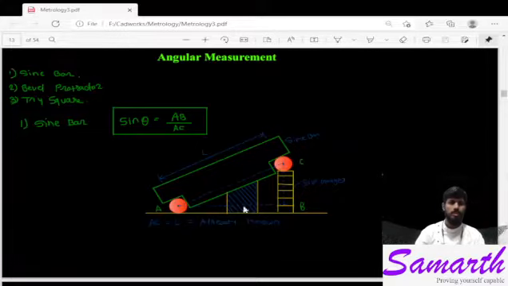Here in this figure you can see the green colored box which looks like a vehicle. That is nothing but a sine bar. We will know the length of this sine bar, shown here by capital L, and the hash portion is the component for which we have to measure the angle or inclination.